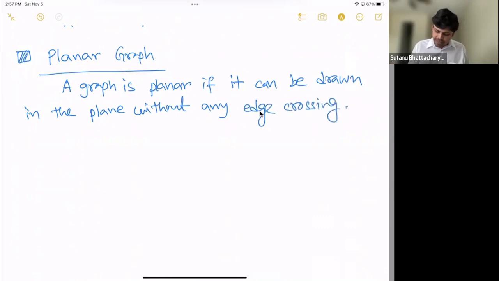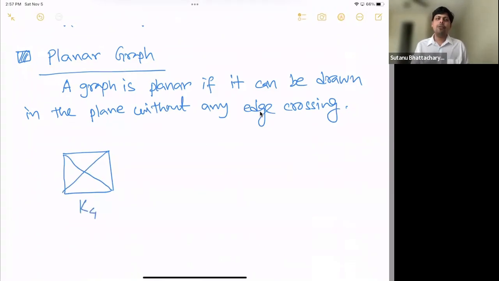What does that mean? So this is one graph, a complete graph. Again, what is a complete graph? A complete graph means there is an edge between any pair of vertices. So this is one complete graph denoted by K4. K stands for complete graph and 4 means there are 4 vertices.